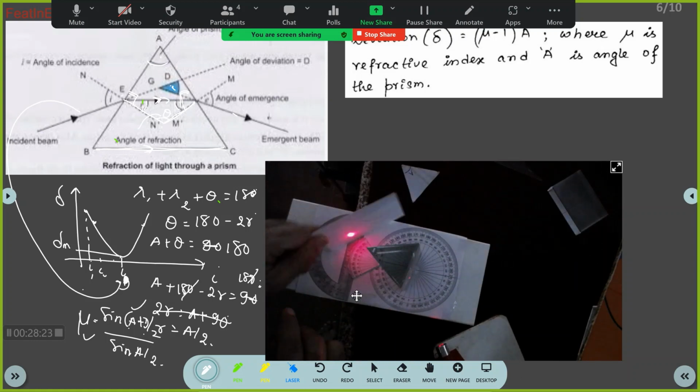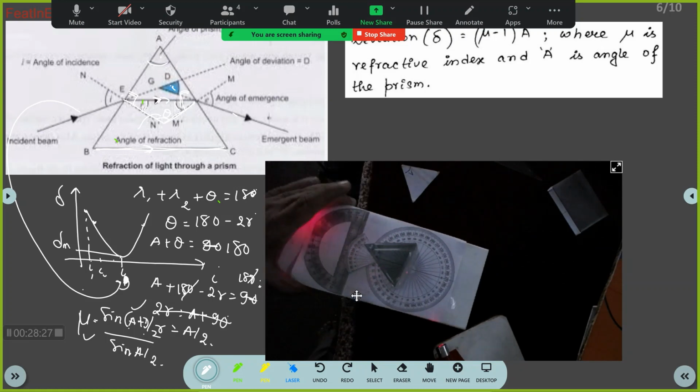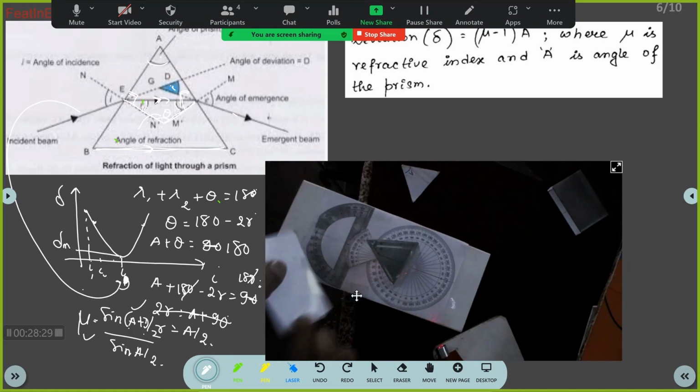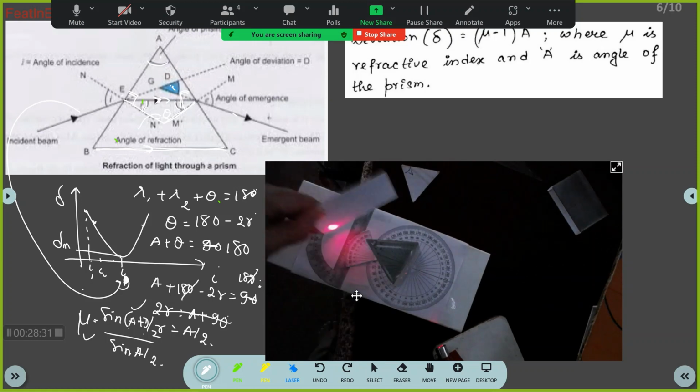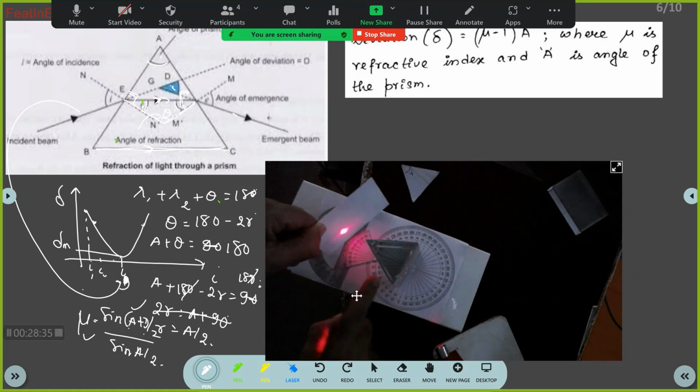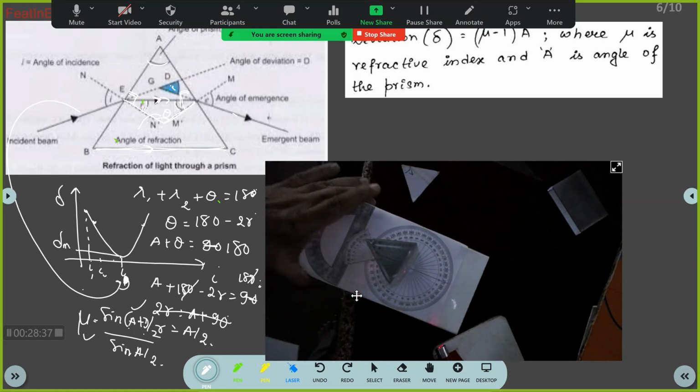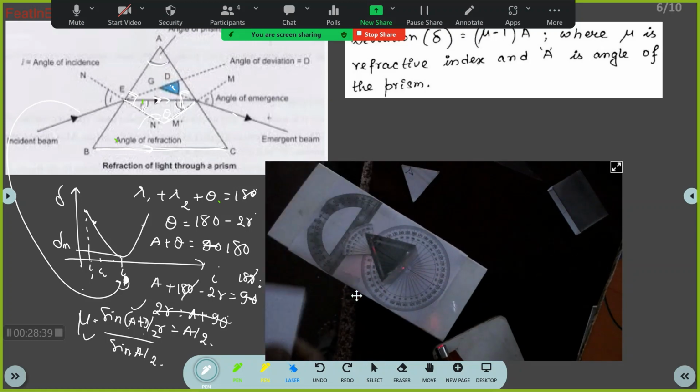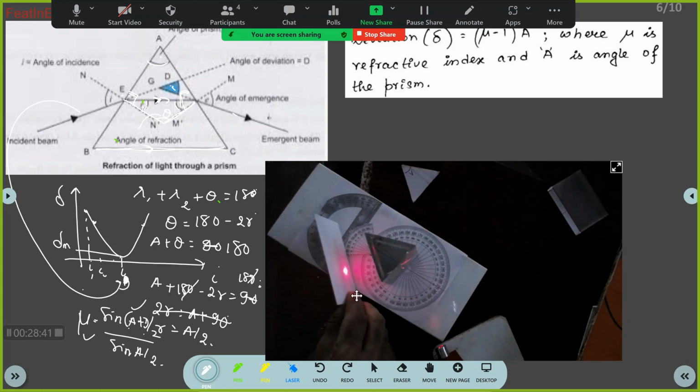This is now exactly skimming. Now you can see it is coming out of this face. Yes, sir. You can see how beautifully it is happening.